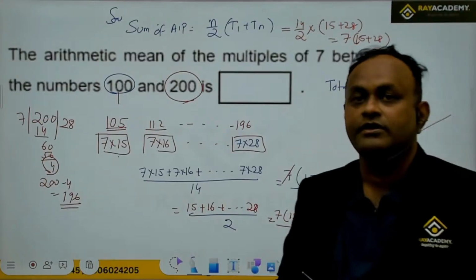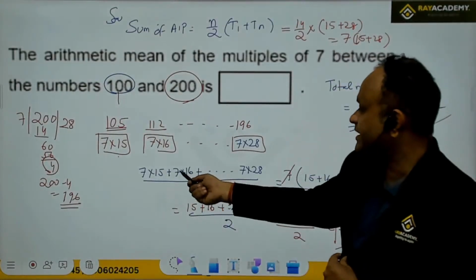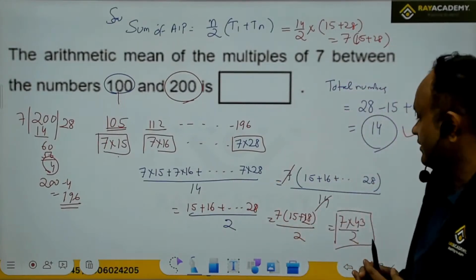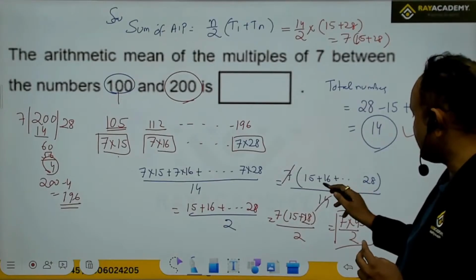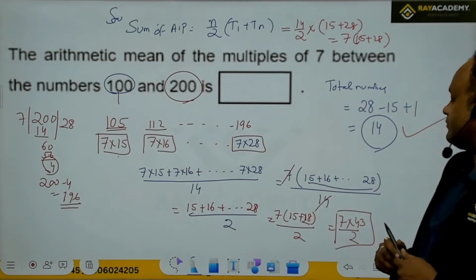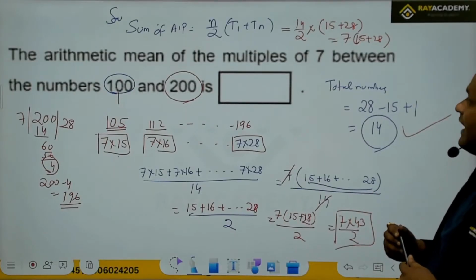Then you put the formula to find the arithmetic mean: sum of all the numbers divided by the total number of numbers. So 7 into 15 plus 7 into 16 up to 7 into 28 divided by 14. To find the sum of 15 to 28 there is no need to add all the numbers.